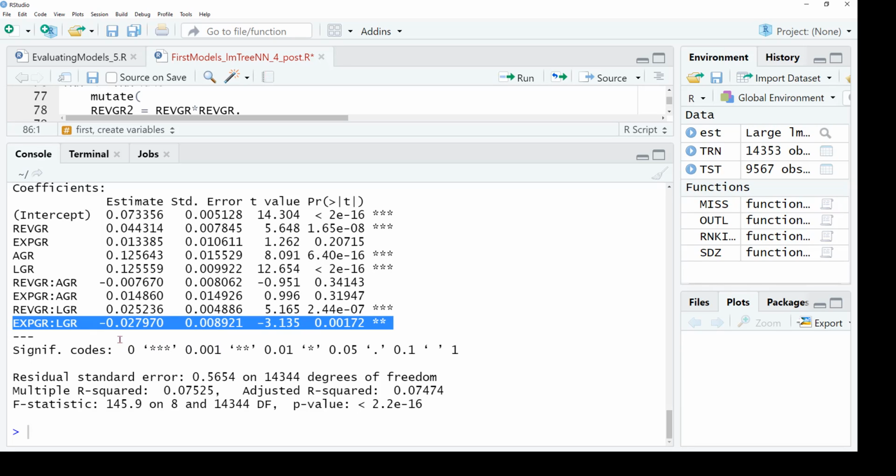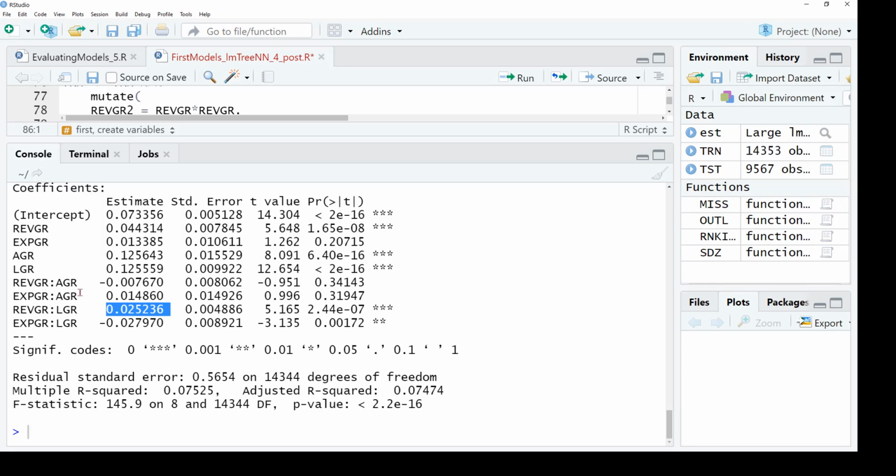So let's talk through what this might mean. How we interpret these is the slope on revenue growth depends on the liability growth. So holding constant how much the liability growth is, the higher the revenue growth you have, the higher the future revenue growth is.